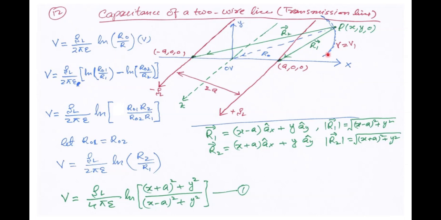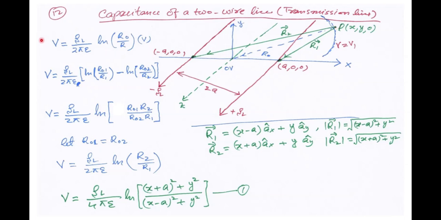In order to define the capacitance of a two-wire line or transmission line, we have to convert these line charges into cylindrical surfaces, because each line charge produces an equipotential surface in the form of a cylindrical surface, and whenever we consider a field point, we actually look at that field point on an equipotential surface.